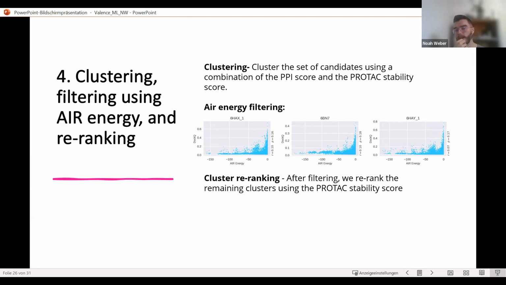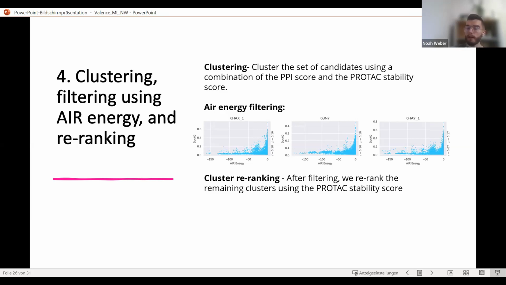You can see that the AIR energy is correlating pretty well with the y-axis, which is the DockQ score. DockQ score is based on the CAPRI metrics. It's essentially a way of quantifying native or non-native scores. For certain thresholds, we remove the complexes that have a bad AIR energy score, meaning very negative, and the ones that are close to 0 we retain.